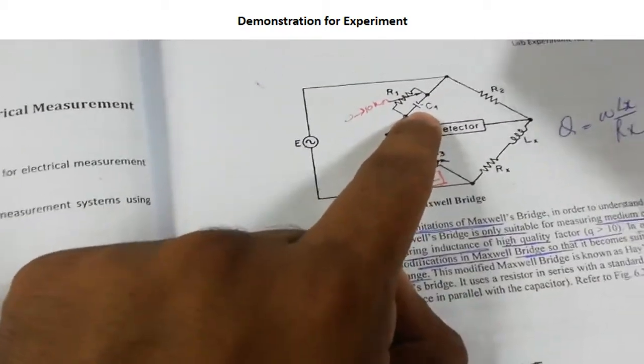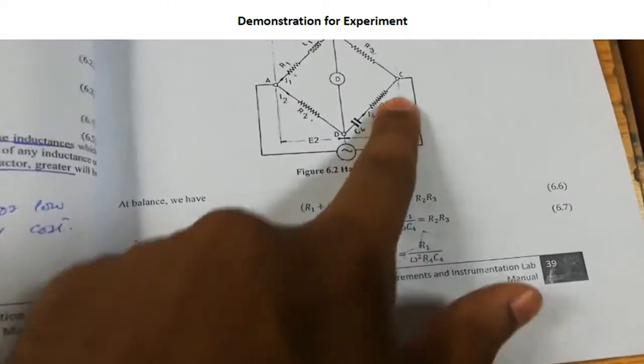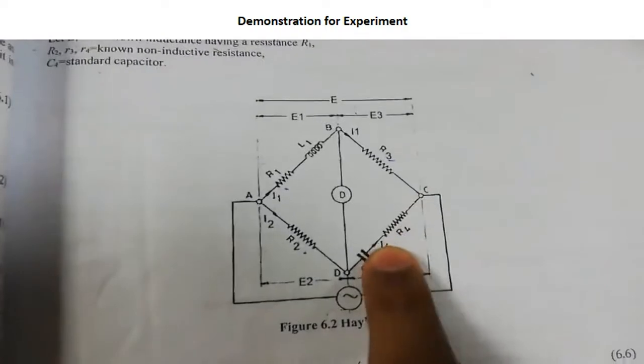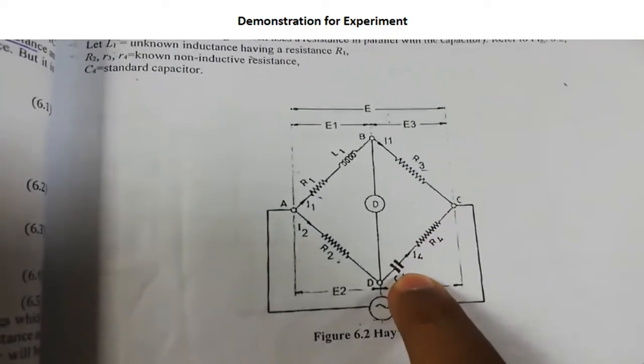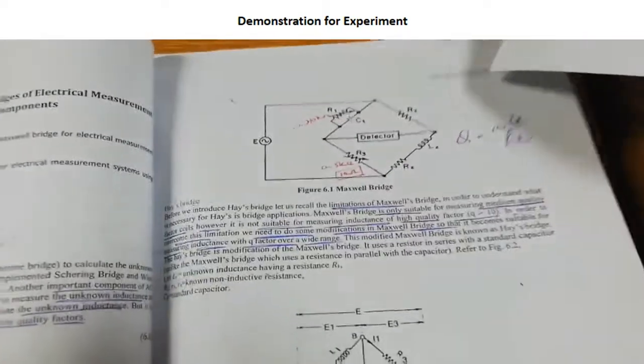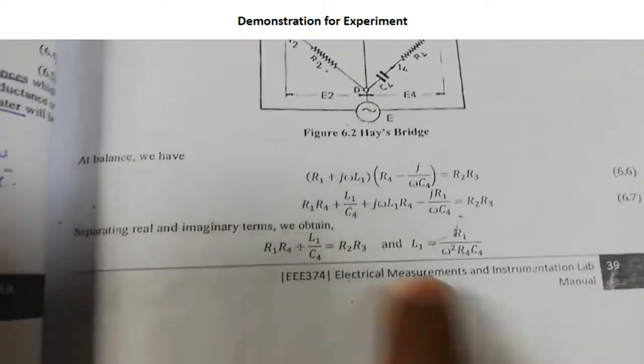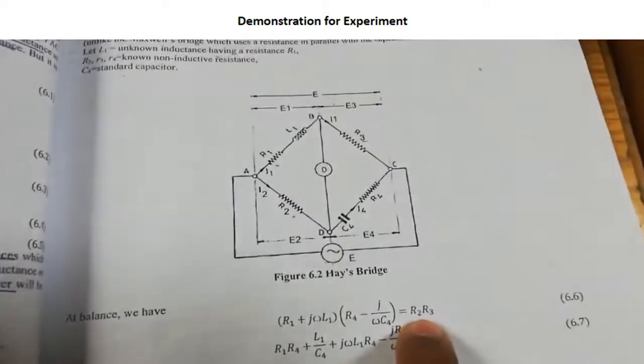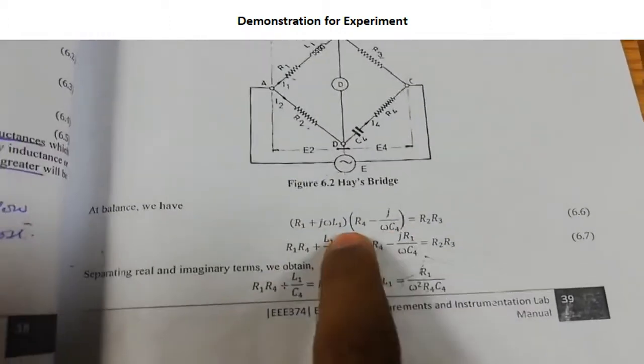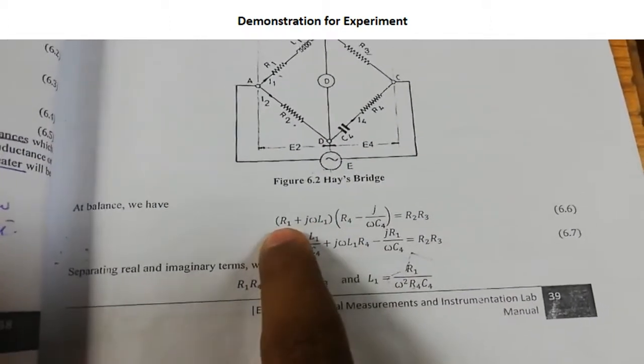C1 and R1 are connected in parallel in Maxwell, but in series in the Hay's bridge. That's why our Maxwell formulas are relatively easy as compared to the Hay's bridge, and Hay's bridge formulas are a little bit complex compared to Maxwell.